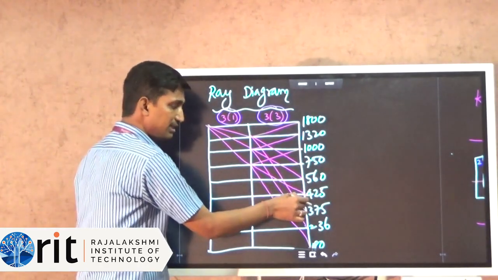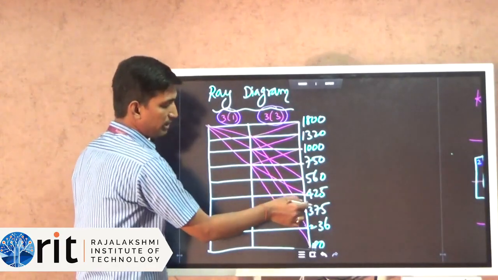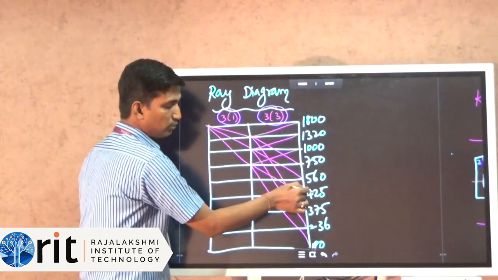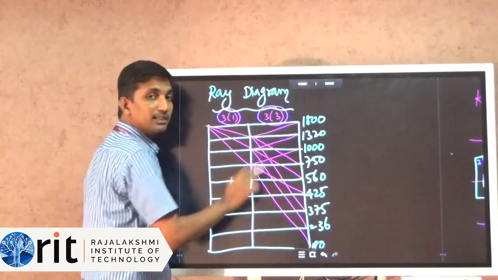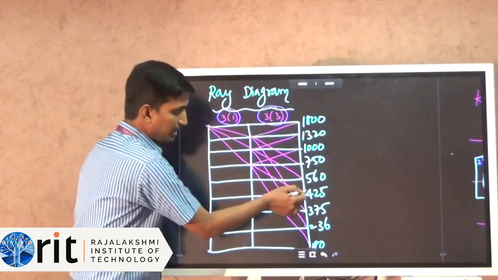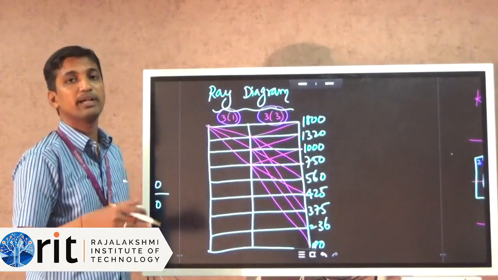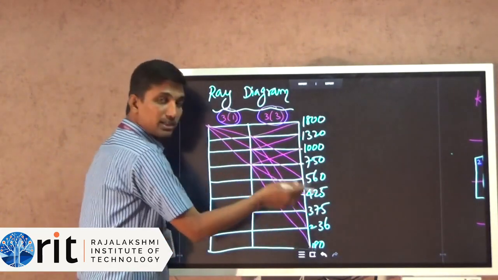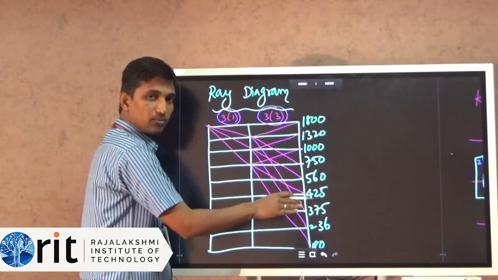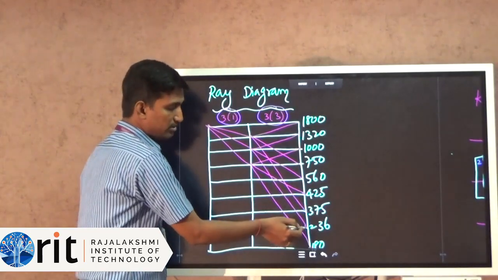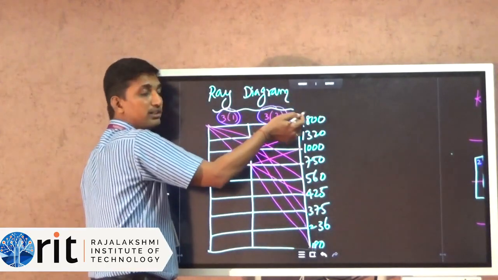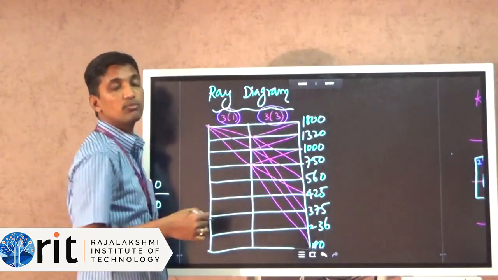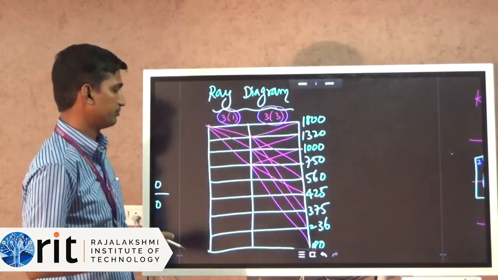Similarly, 375 multiplied by 1.33 gives 425. Until we get 1800, the corresponding values have to be multiplied by 1.33, the progression ratio. The progression ratio has to keep on being applied until we get the maximum RPM of 1800.